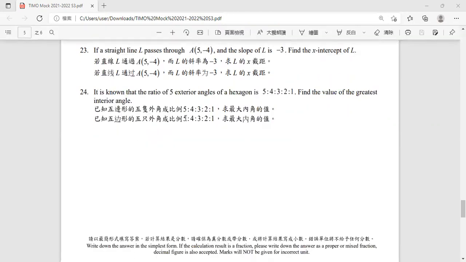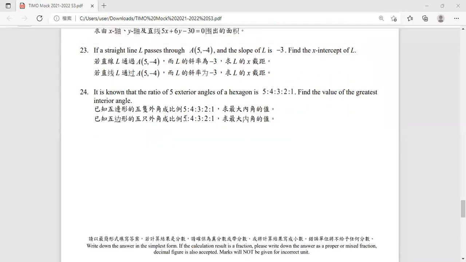Okay, 24. Now they know that the ratio of the 5 exterior angles is 5 to 4 to 3 to 2 to 1. Find the value of the greatest interior angle.